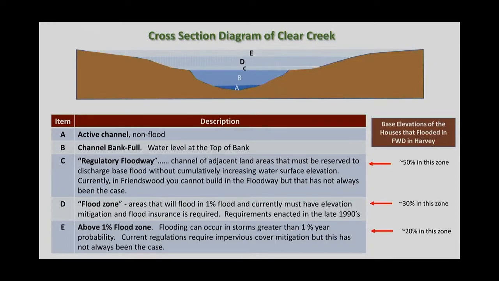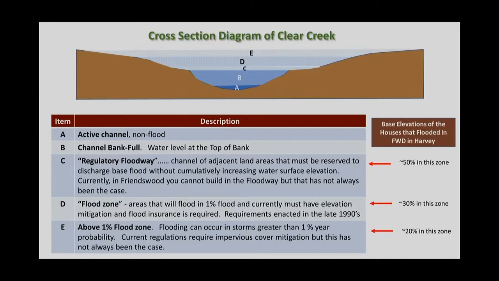I give credit to Mr. Kabari, your city manager, for coming up with these estimates. These are estimates based on going over a lot of information about which homes were flooded and which were not. So it's about 50%. Today, you can't build in a floodway. It's against regulation to build in a floodway for obvious reasons.